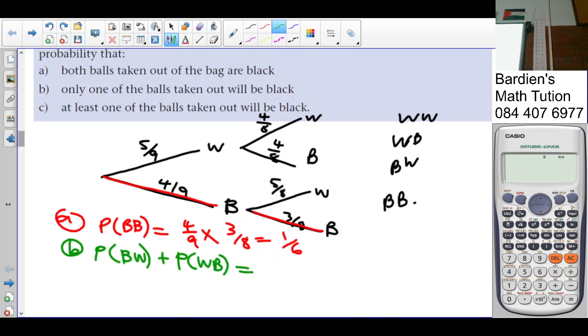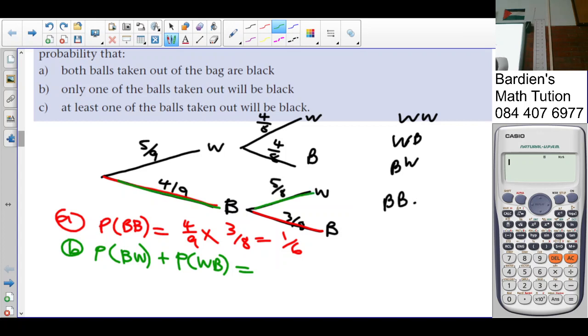Write that calculation in there quickly. You follow this branch here.